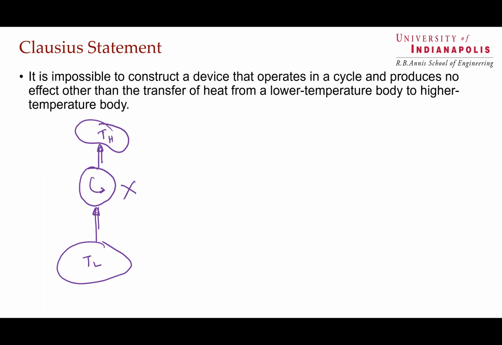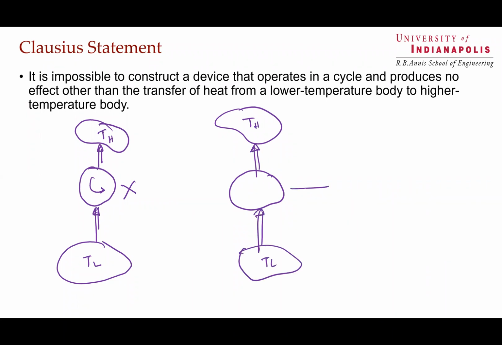This cannot be constructed. You need to have some kind of input, that is the work input that you put into your refrigerator and heat pump. So you need work net in. Some net work input must be there for this cycle to operate. Okay.